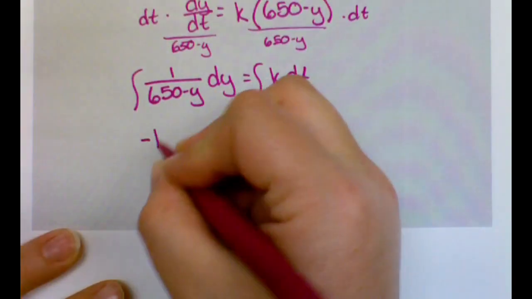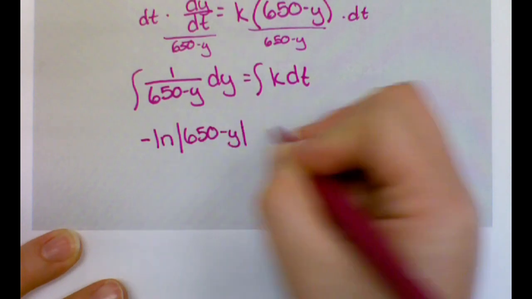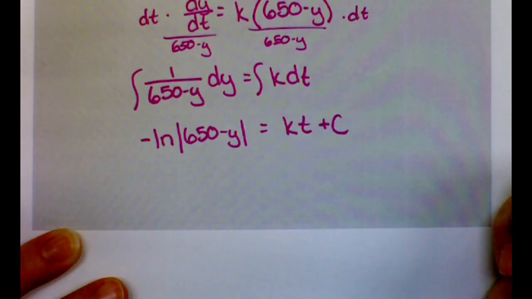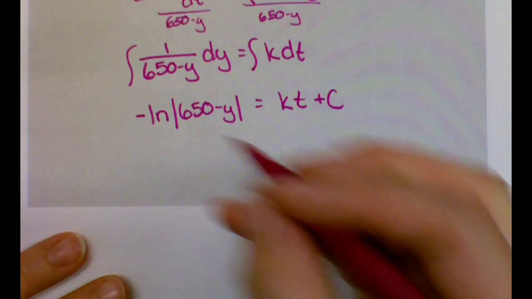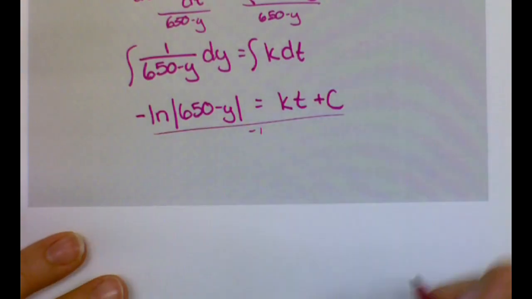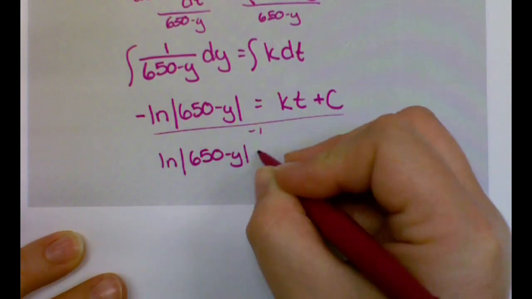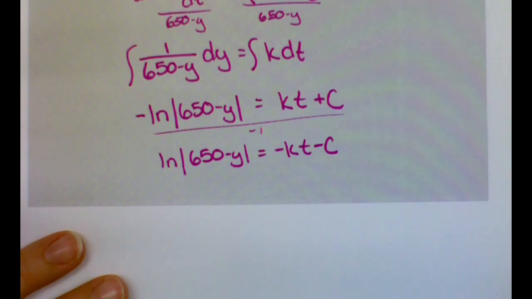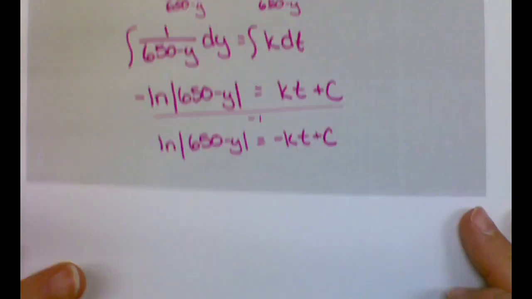We get negative ln of the absolute value of 650 minus y equals kt plus c. All right, that negative, there are different things we could do with it. I would just divide everything by negative 1. And having a minus c really makes no difference because whatever c is can change, so I keep it plus.